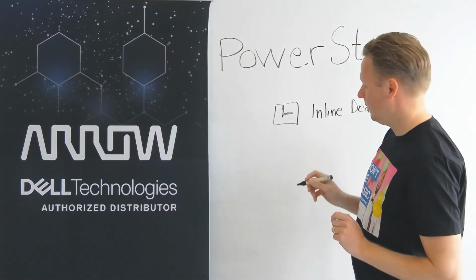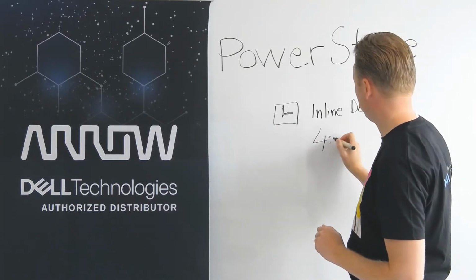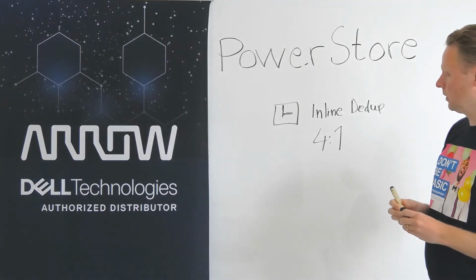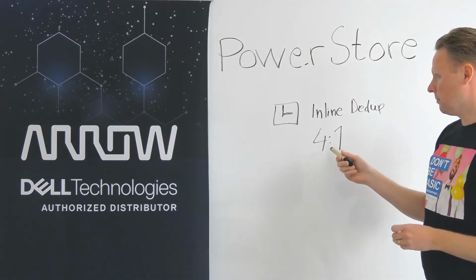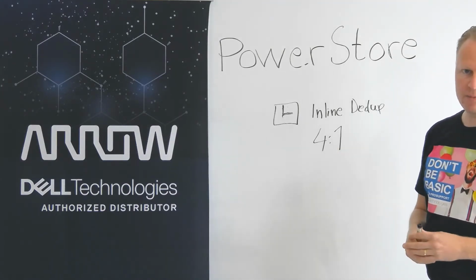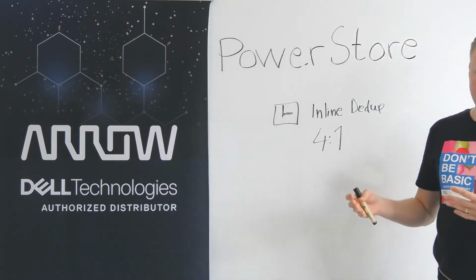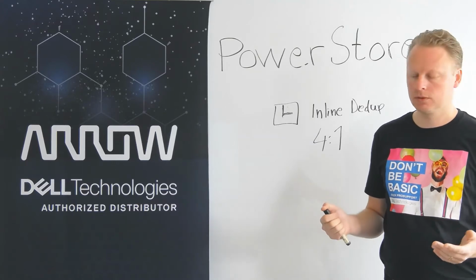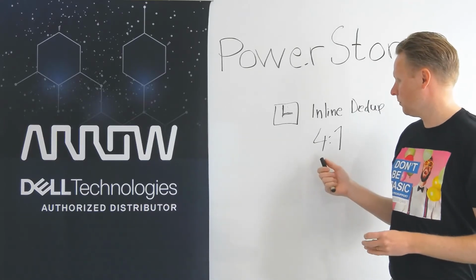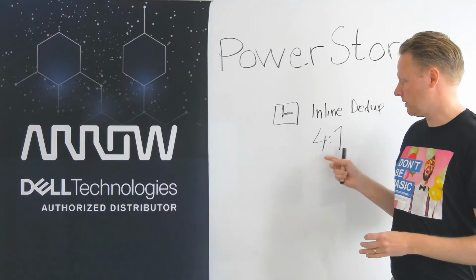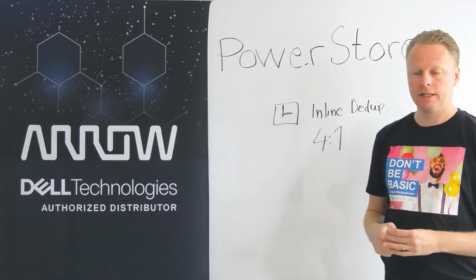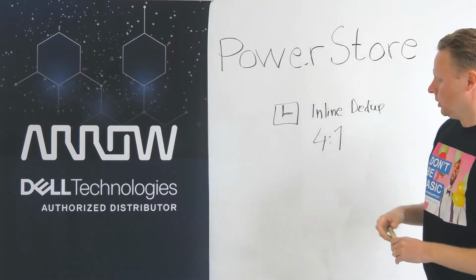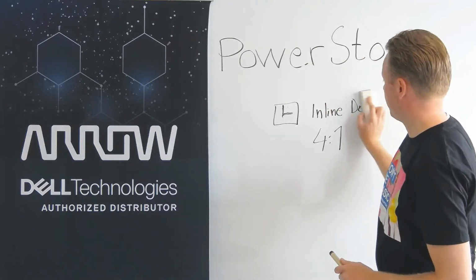And Dell are able to guarantee a 4:1 ratio on the dedup and compression. In most standardized environments running a lot of maybe Linux or Microsoft workloads, you will most likely see a higher number than this, but this is more or less a guarantee number. So really high dedup and compression ratio.